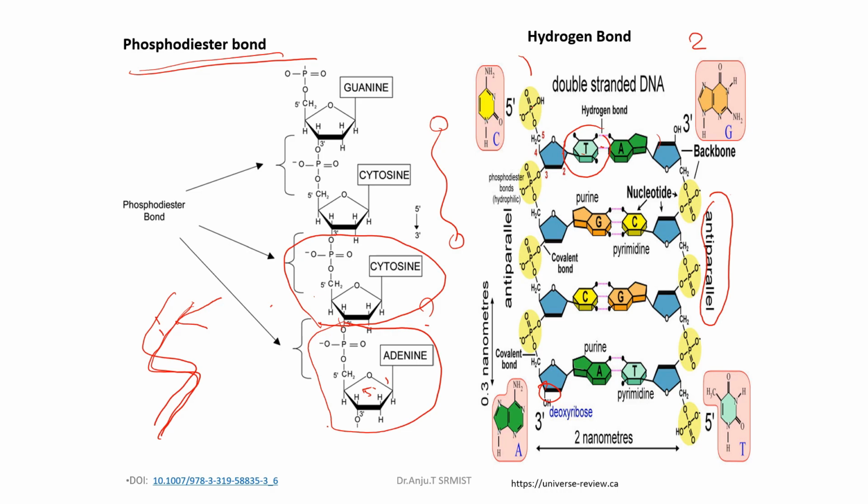So we say that the strand runs 5' to 3'. If you see the other strand, it will be in the opposite direction. This end will have a phosphate group and the other end will have a 3' group. So the strands are running in anti-parallel fashion.